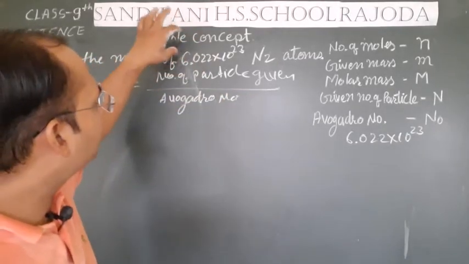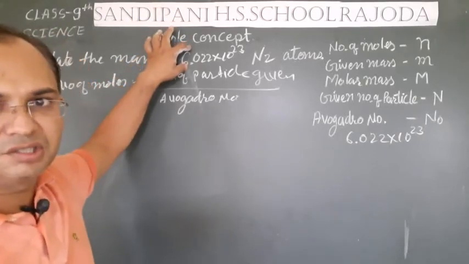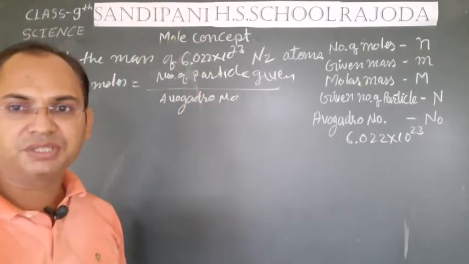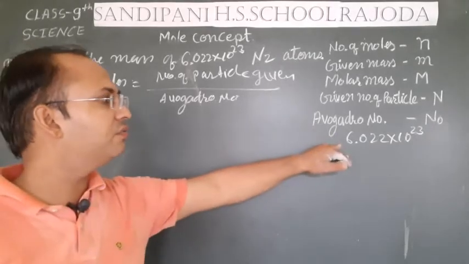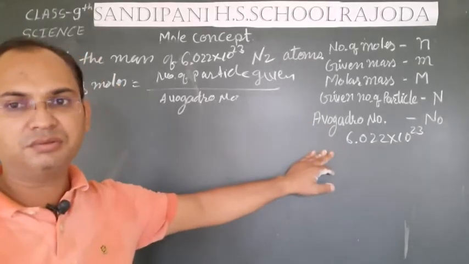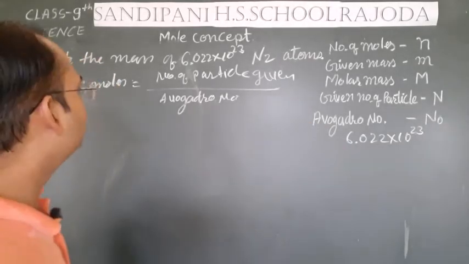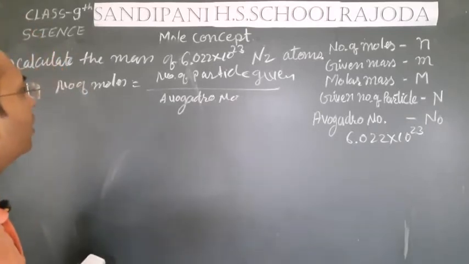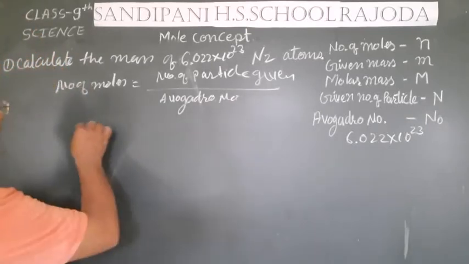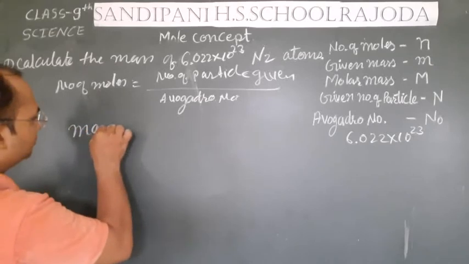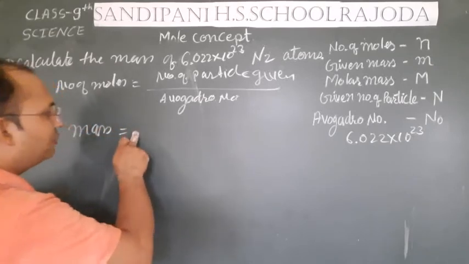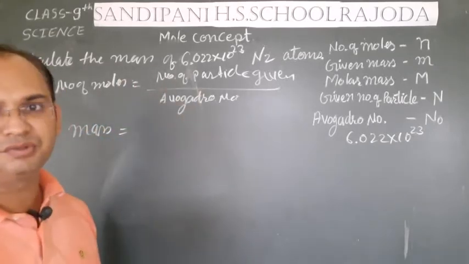The number of particles given is 6.022 into 10 to the power 23, and the value of the Avogadro number is also the same. So we will calculate the mass is equal to molar mass multiplied by number of moles.